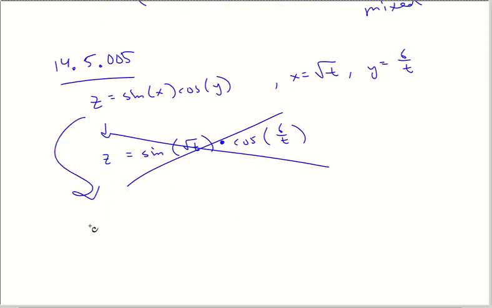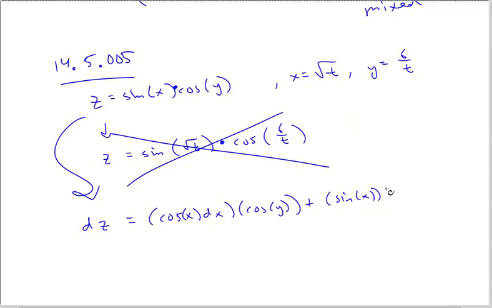So instead, let me go implicitly. dz is equal to, this is again a product rule here. So I'm going to take the derivative of the first, leaving a cosine x dx. Kind of looks like a 5 there. Leave the second one alone. Plus sign. Leave the first one alone. And then take the derivative of the cosine to make a negative sign. And then dy.